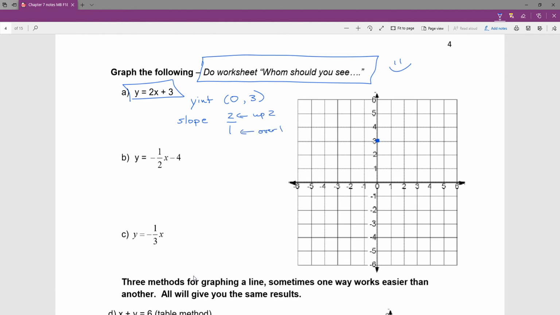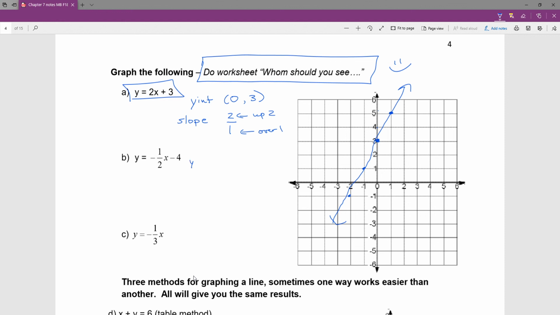So from my point, I go up 2 and over 1. And you could keep doing that. Again, because my line drawing is so terrible, I'm going to put the line on the graph.